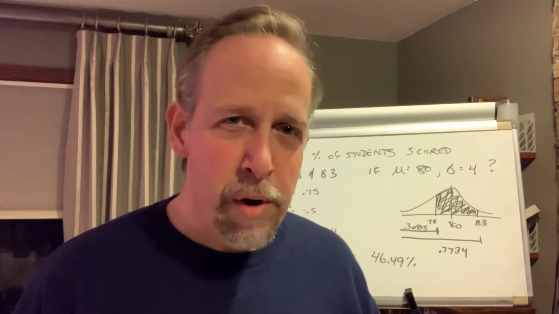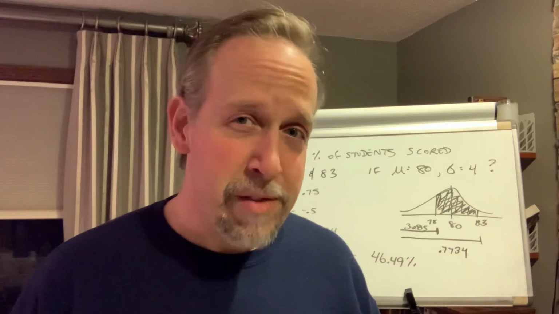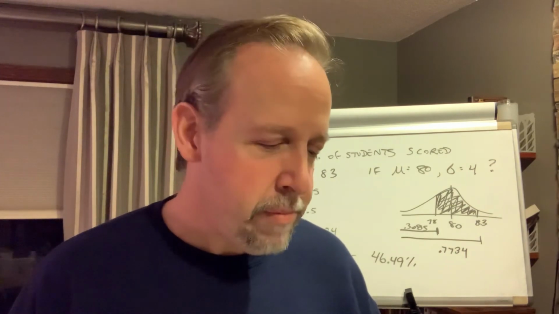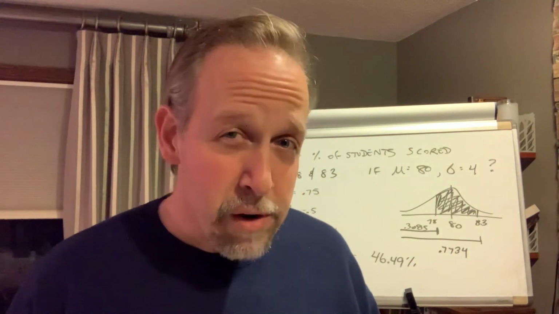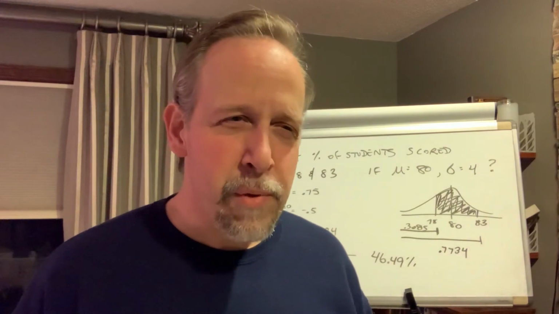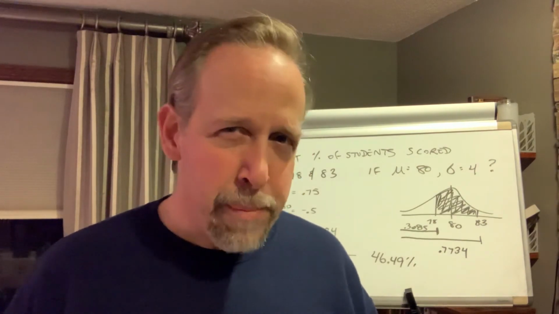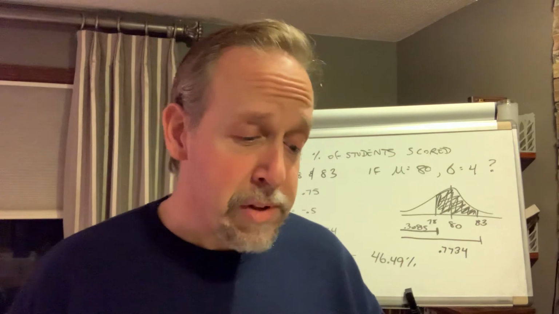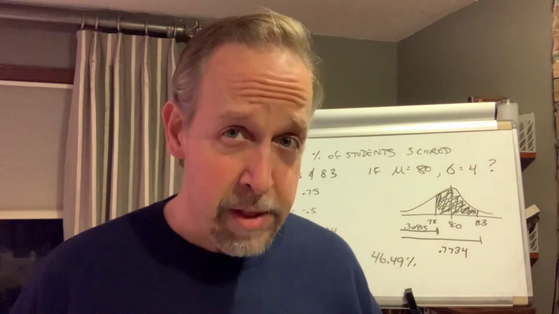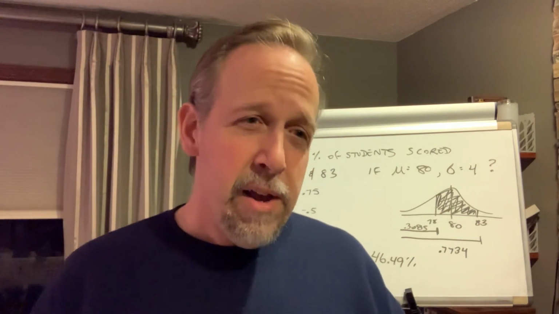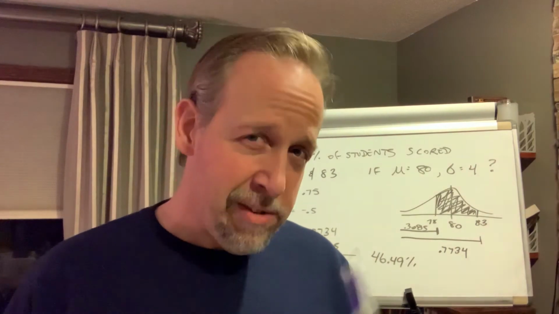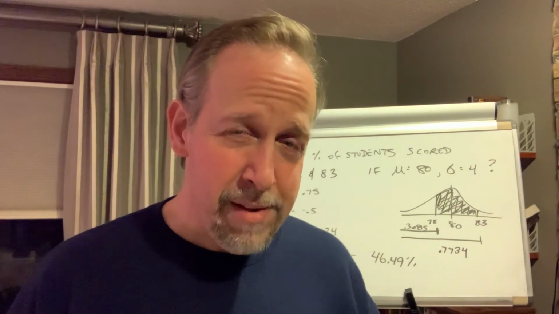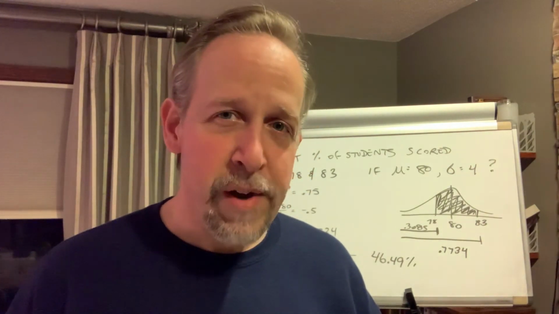So pause, try to find it, and play the video again. Do that now. Well, if you looked, you'll find that there's a couple scores that are dancing around the 0.4 zone, but the one that comes closest is 0.4013. That's the area that comes closest to the 40th percentile. Now, what was the z-score for that value? Negative 0.25.